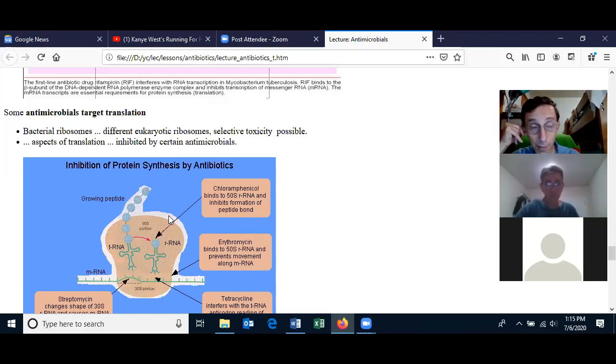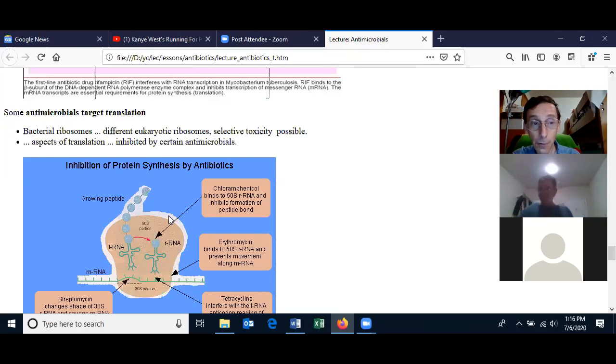And do you guys remember I briefly mentioned that we don't worry about the archaea because none of them are human pathogens? But if an archaea were to ever become a human pathogen, then we will be in trouble because most of our antibiotics don't work on the archaea. They only work on the bacteria. Remember I talked about that?